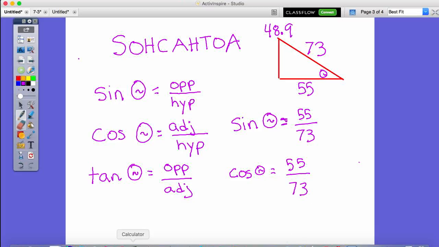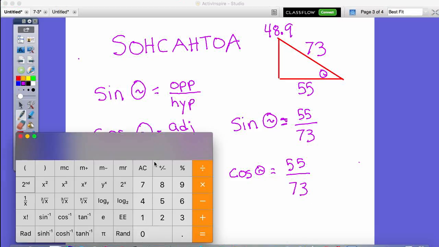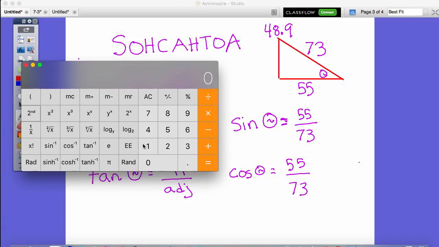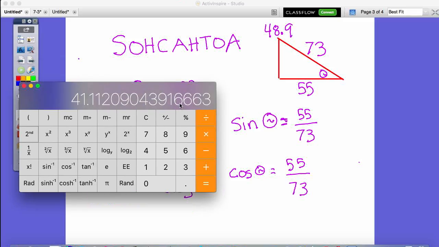So when I plug this into the calculator, okay, yes, 55 divided by 73 is the same ratio. But remember, I'm finding the cosine. I want the calculator to know that I'm dealing with the ratio that I find when I divided the adjacent side. So I'm still on second cosine, and I get 41.1.